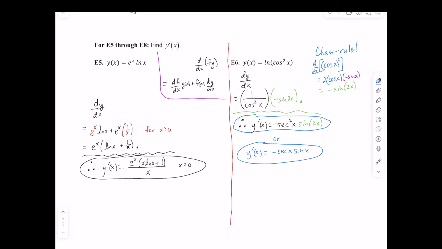I gotta remember the number here. That's better. If you can't read that, that is actually a -2.